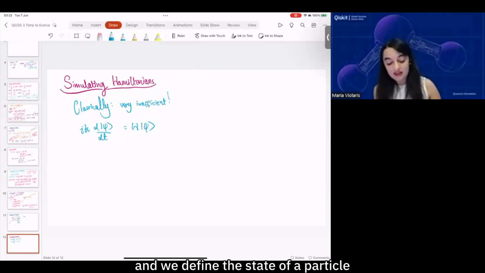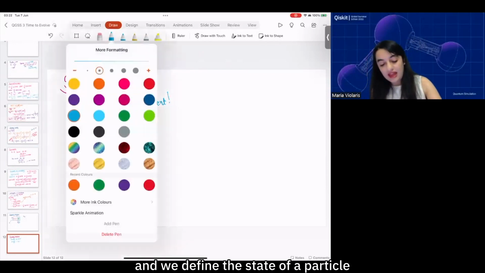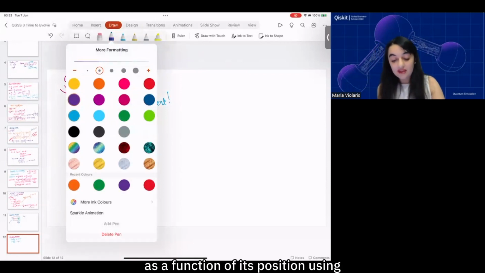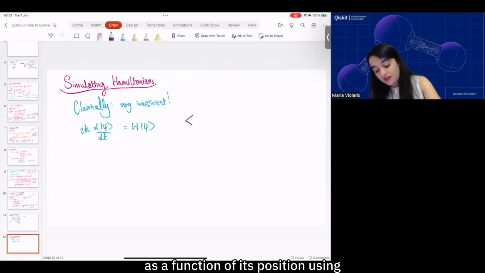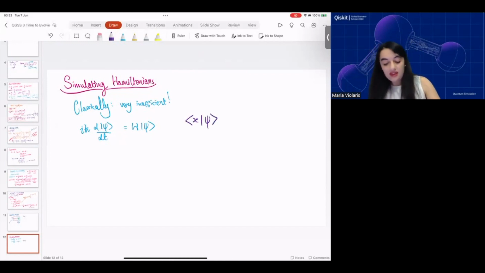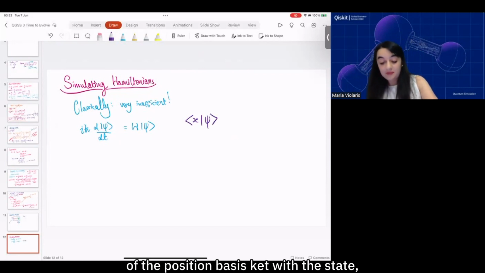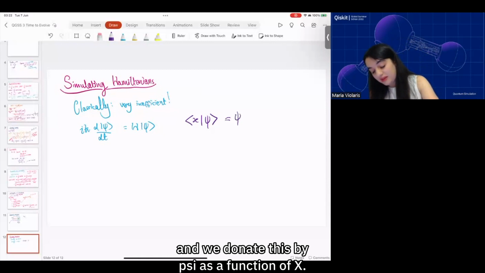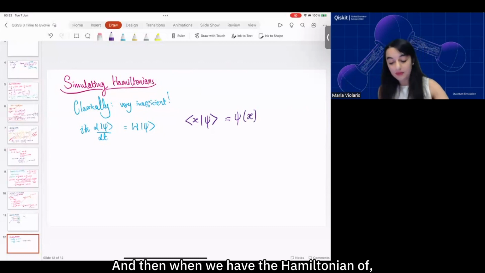And we define the state of a particle as a function of its position using the inner product of the position basis ket with the state, and we denote this by psi as a function of x.